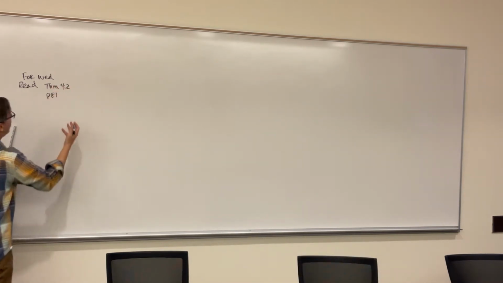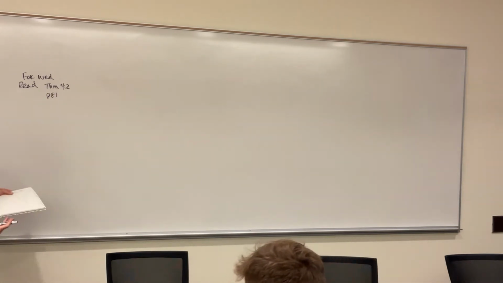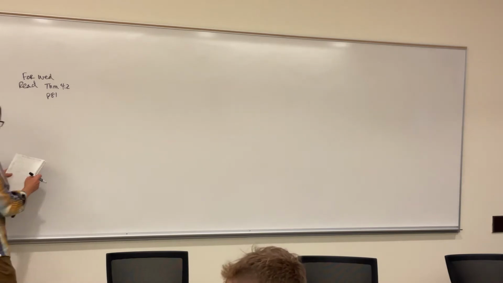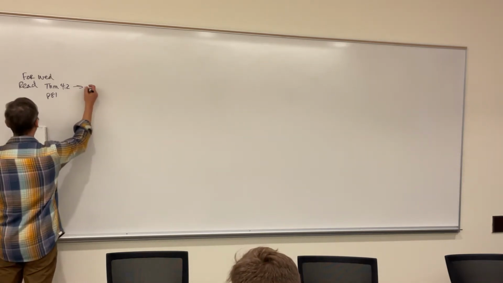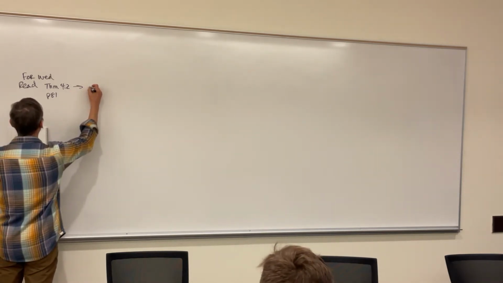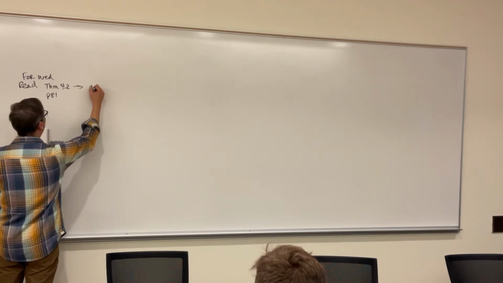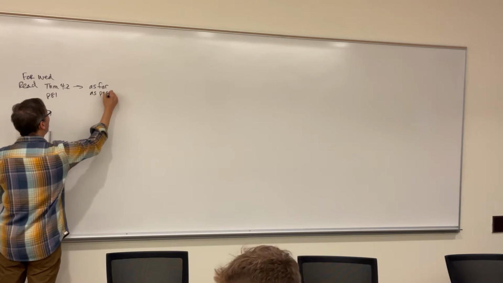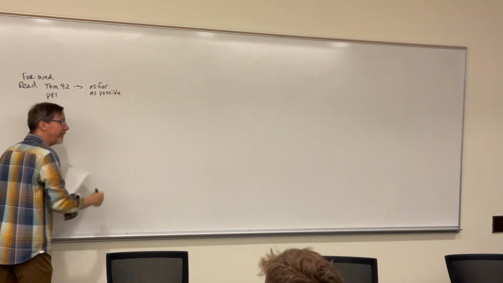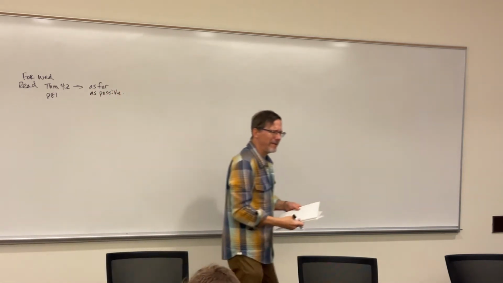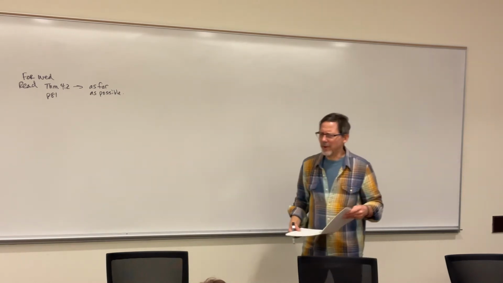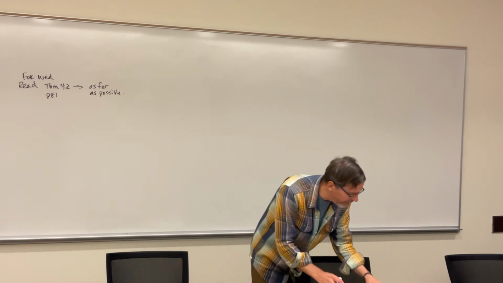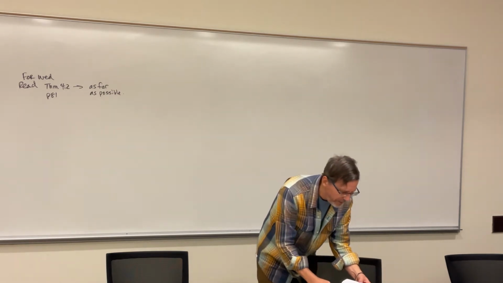Read the theorem and the proof. That would be awesome. It may or may not make sense. We'll go through it, and then it'll hopefully be really clear to everyone. And then as far as you can stomach in chapter 4, just get Theorem 4.2 for sure. That would be absolutely splendid.